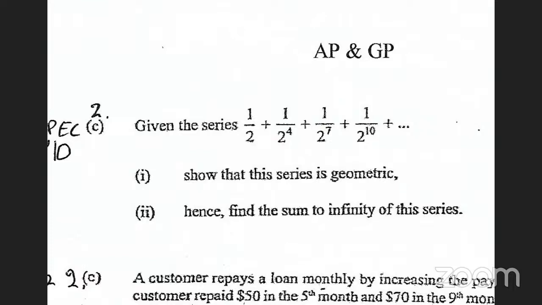And show that it has R, then what does that mean? If it has an R, that means it's a GP. Okay, and then you could use that now to find part 2. Try that.